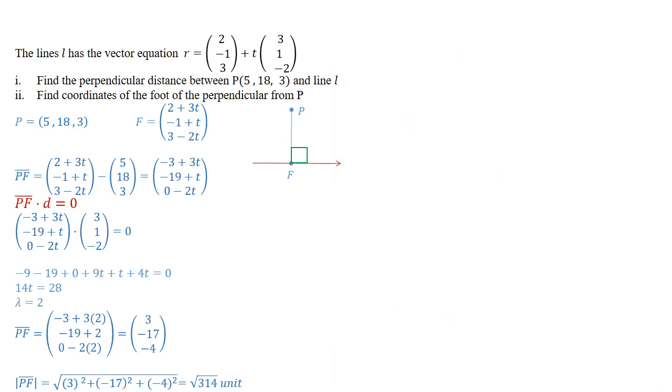Alright, so let's go to the second part here. They are saying find the coordinates of the foot of the perpendicular from point P. So we have a point P, and the perpendicular from point P to this foot, so we need the coordinates of this point. Already we know that F is 2 plus 3t, minus 1 plus t, 3 minus 2t.